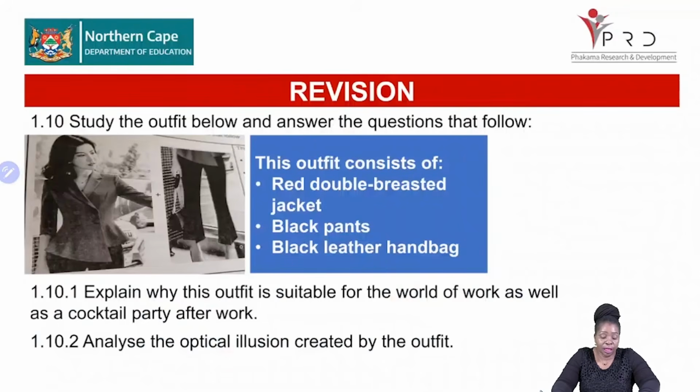Our 1.10.1 question says, explain why this outfit is suitable for the world of work as well as a cocktail party after work. And 1.10.2 says, analyze the optical illusion created by the outfit.